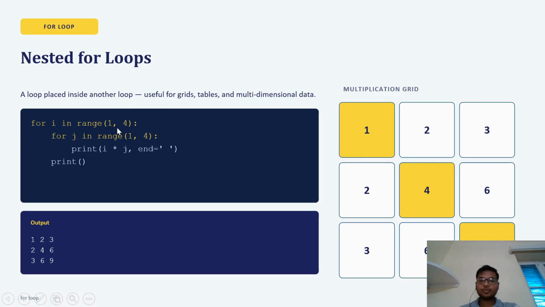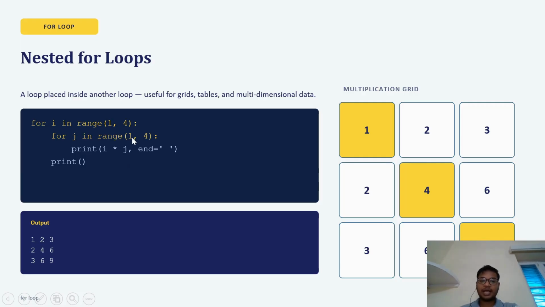Now i becomes 3. Then the code goes inside the j block, and j is 1. So 3 into 1 is 3. Correct. Now the iteration runs again, and j becomes 2. So 3 into 2, 6. Correct.